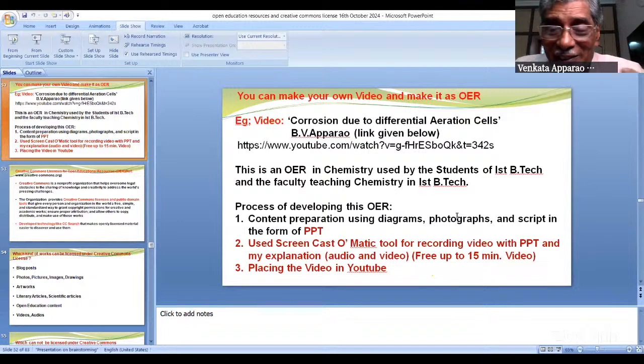I cannot give examples for all the disciplines. As I mentioned several times, you can take the help of OERs developed by others, but you can create your own OER, right?